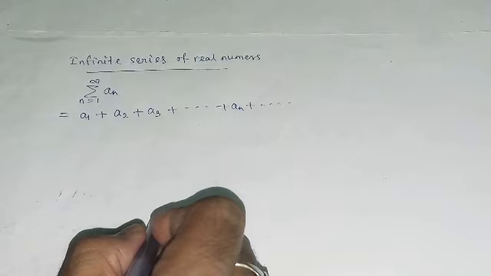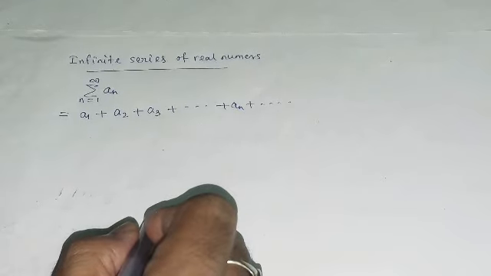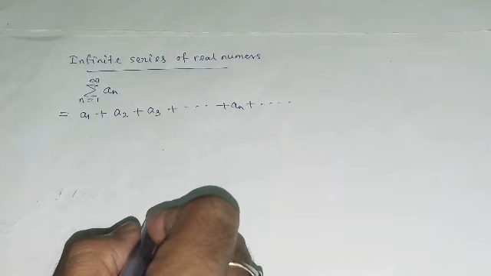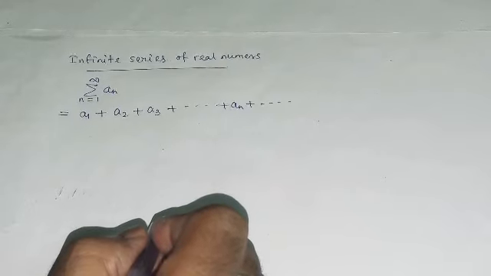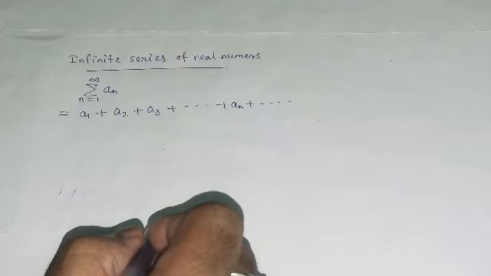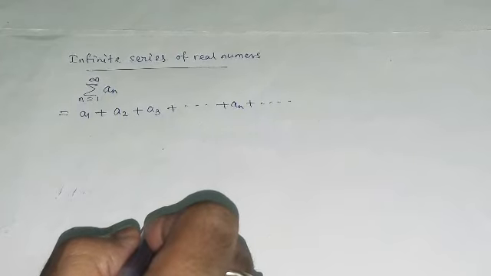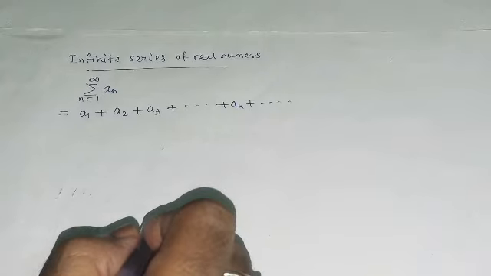Now this is your series, and here all of these ai's, that is a1, a2, a3, an, are all real numbers. That's why this is a series of real numbers. If a1, a2, a3 were complex numbers, then you would have a series of complex numbers. But in our videos we will only focus on series of real numbers.